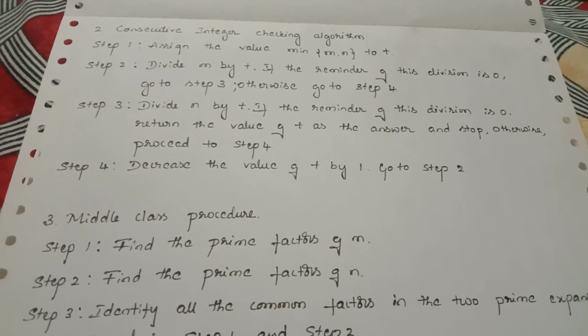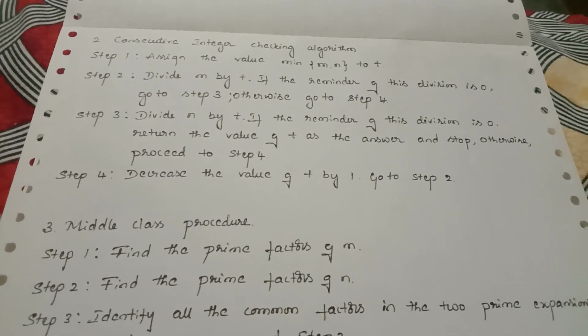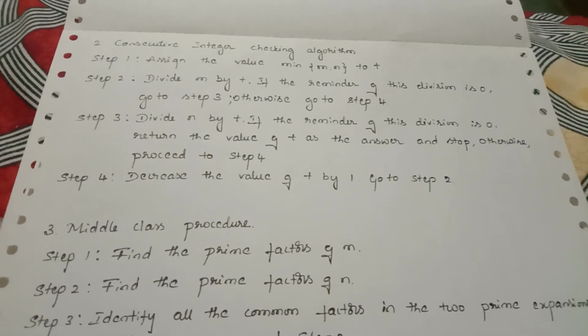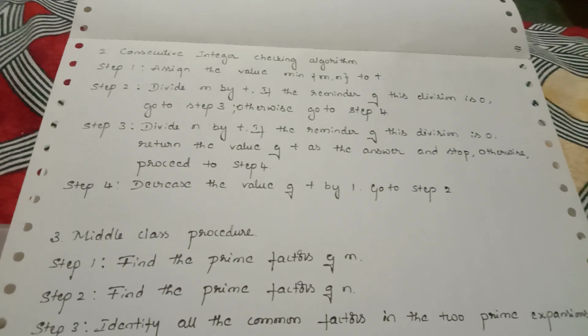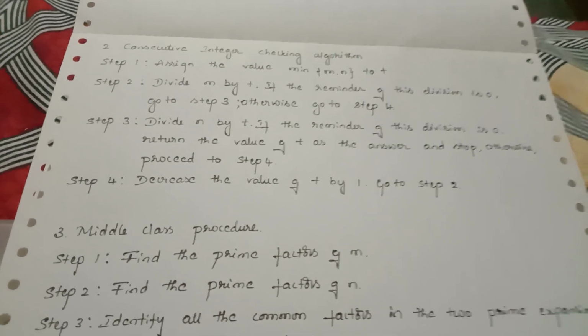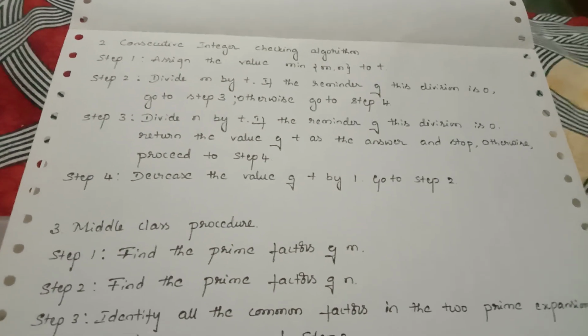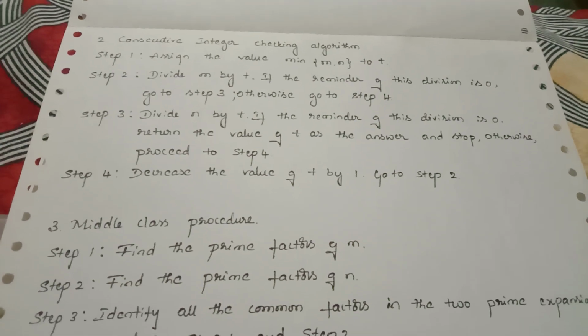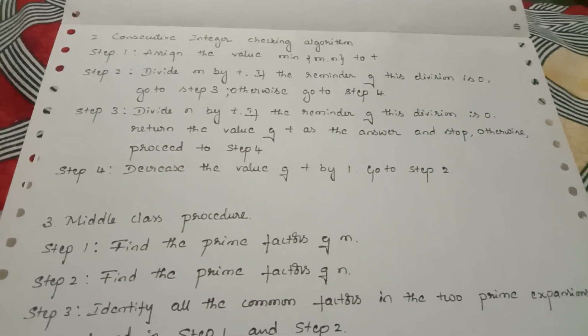Now we have to divide 60 by 24. If that is equal to 0, then we have to divide the second number by 24 as well. If that also divides the number completely, then that will be the GCD of those two numbers. And we know that 60 is not divided by 24 completely.